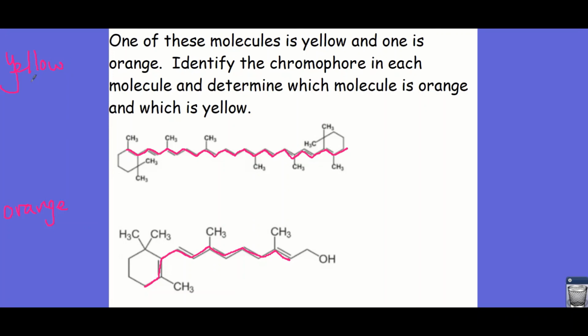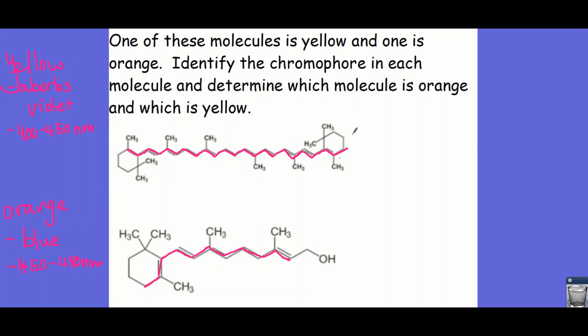So if you are seeing yellow, it means that violet has been absorbed, and it absorbs at 400 to 450 nanometers. If we are observing orange, it means blue has been absorbed, and it's been absorbed at a wavelength of 450 to 480 nanometers. That information is just straight out of page 20 of the data booklet.